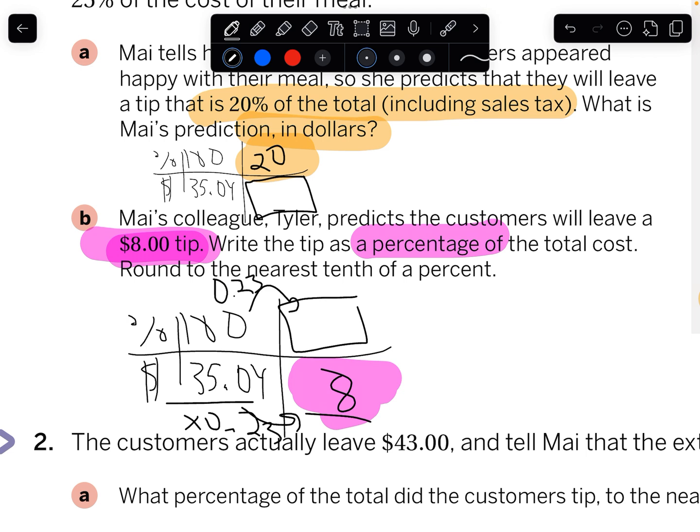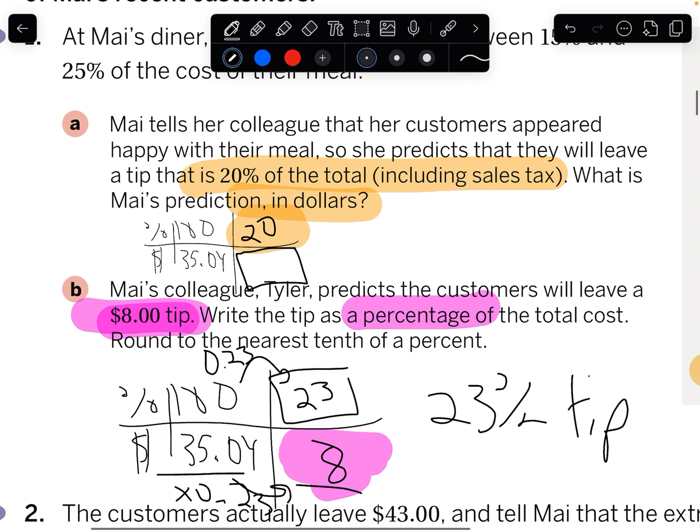If I did 100 times 0.23, hey, what do you know? I would get about 23%. So that would mean that Tyler thinks $8 is going to be a 23% tip.